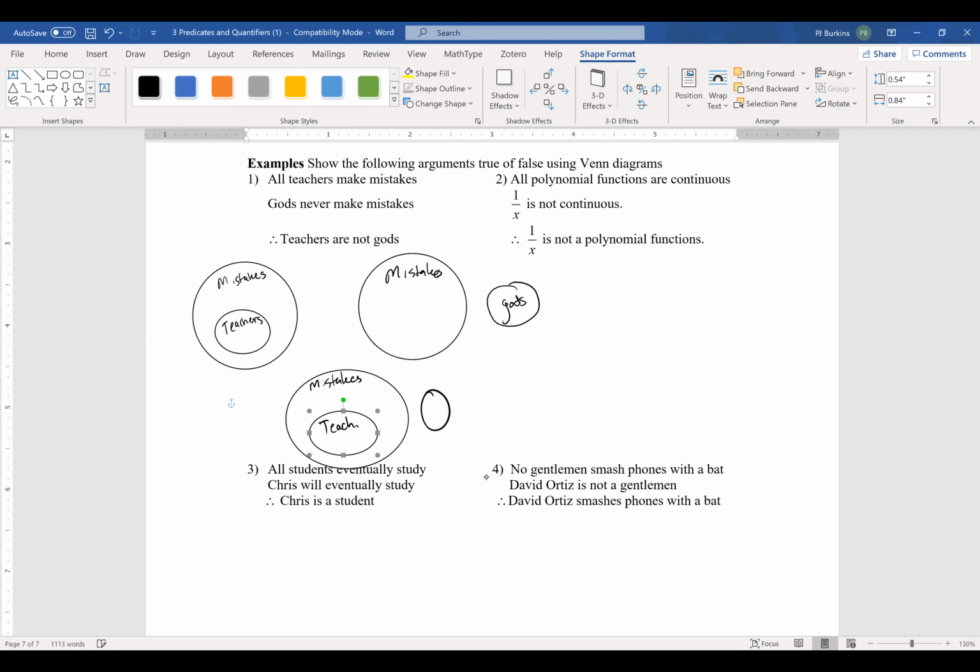And now here we've got our deities. So, is it true? It says teachers are not gods. Well, if we look at that combined diagram, it's clear that teachers are not gods. So, true.